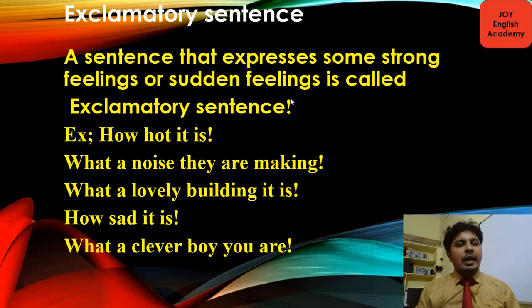And an exclamatory sentence will always begin with a capital letter and it ends with an exclamation mark. This is the exclamation mark. Right, children? Example: How hot it is! We are exclaiming and saying that it's very hot.